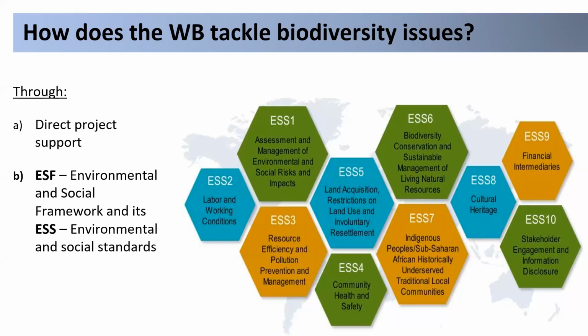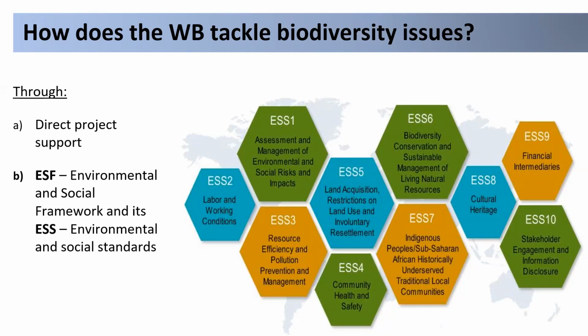These standards are designed to help governments manage project risks and impacts and improve environmental and social performance. This is all done according to good international and national practice, but also all the international obligations like the Ramsar Convention, etc. So these are the 10 standards that we assess every project that we finance against.